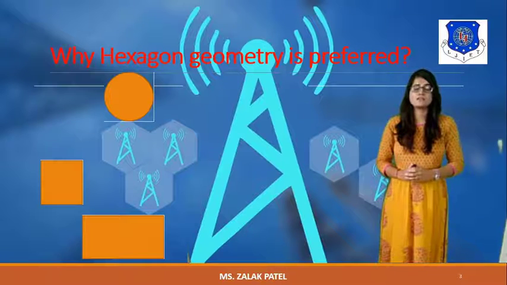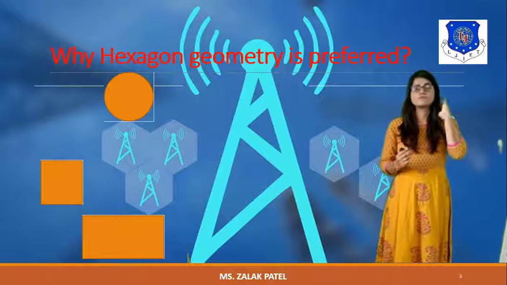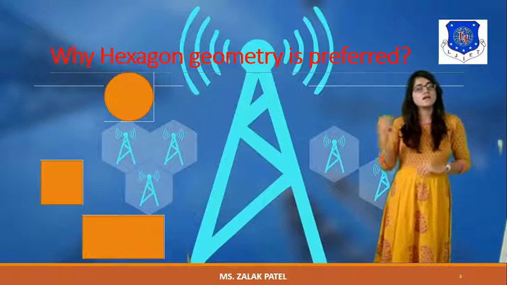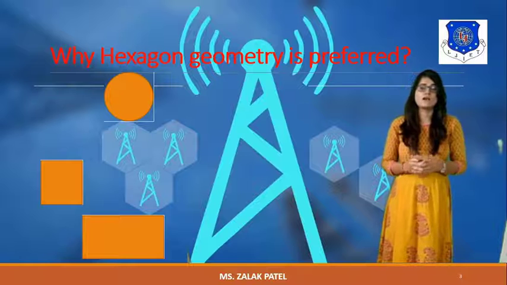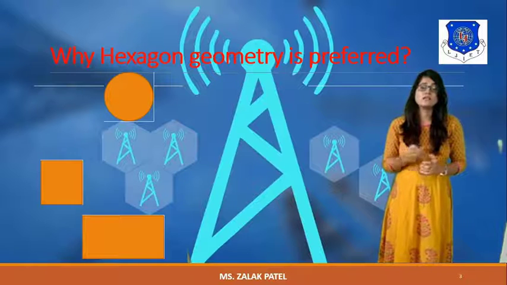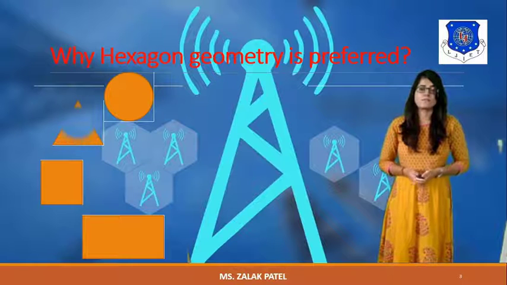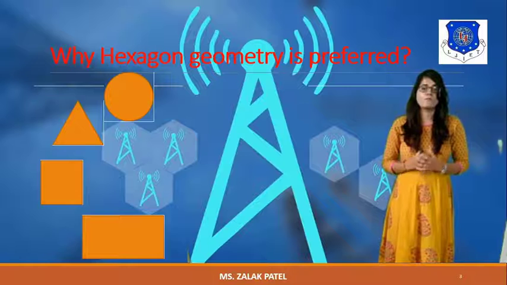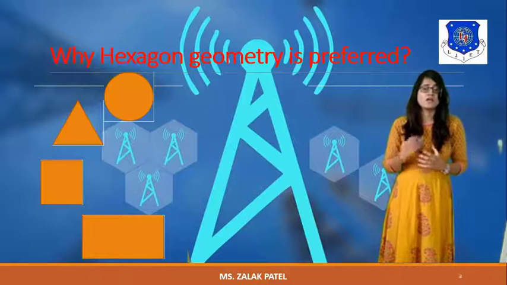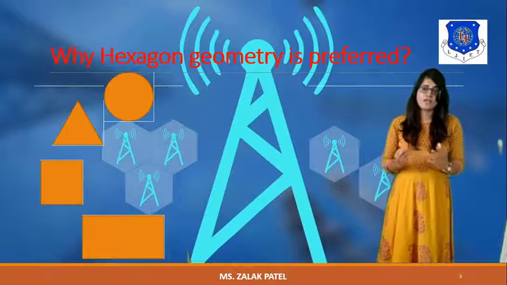This case is also not desirable, because the area covered in both the rectangle and the square is comparatively small compared to the circle, so we cannot take these two cases. In the case of a triangle also, the area covered is small compared to the circle. So we take the case of the hexagon.